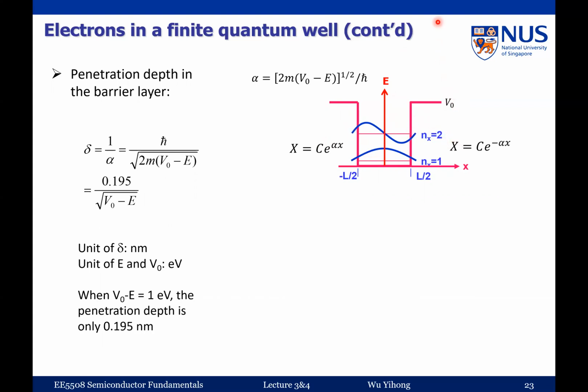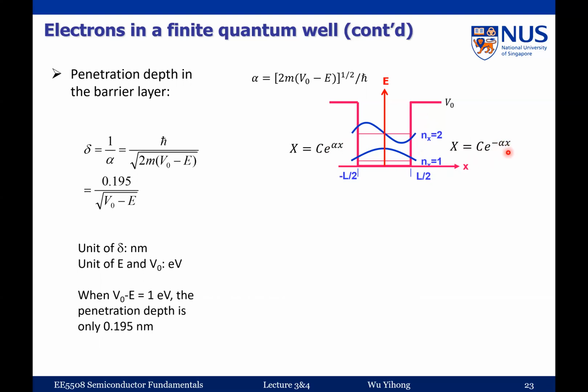In the previous case there's no electron here, no electron here, which means the wave function for the electron must be zero inside the two barriers. But now you can see it's finite, right? So how far can this wave function penetrate into this barrier region? That is determined by this alpha, right? For example, if you look at this case, it's determined by this alpha.